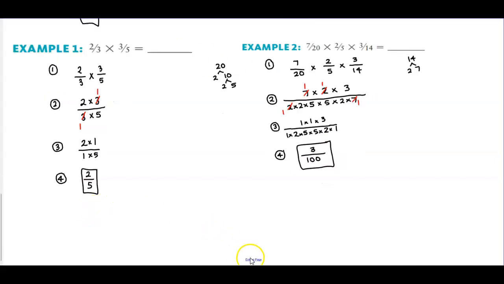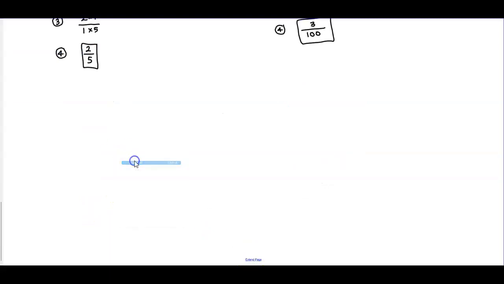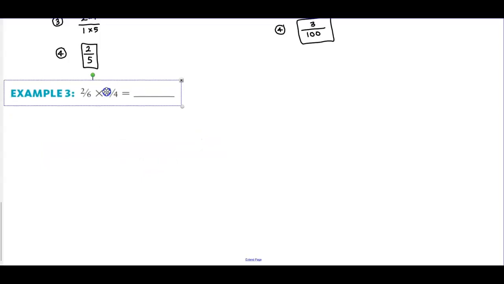Okay, let's try another one here. So we have 2/6 times 3/4. So I'm going to rewrite this as 2/6. I'm going to use the other multiplication sign, which is the dot, times 3/4. Okay? And so again, we're going to write this in prime factorization form as multiplication.